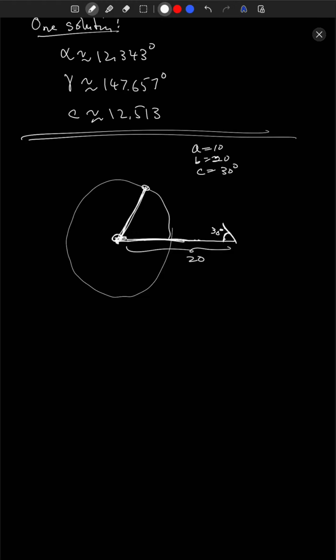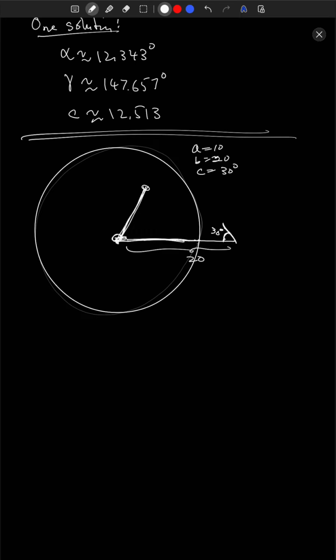Now let me draw the circle a little bigger just to emphasize my point. So here's my circle. In other words, the vertex of my triangle could be anywhere on this circle, because anywhere on this circle, its distance to here is 10. Now, what are the possibilities?